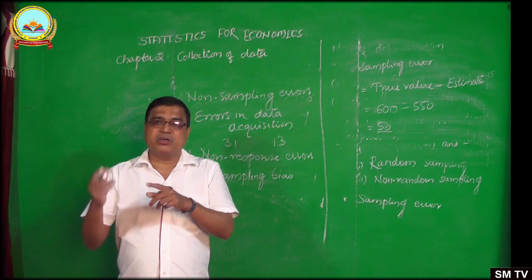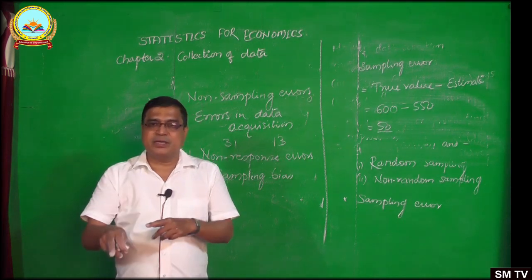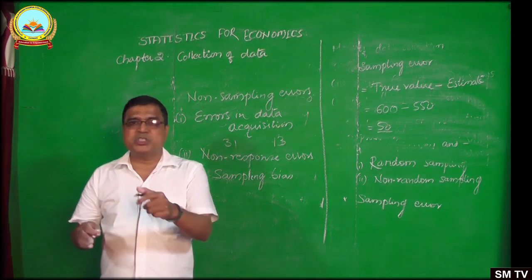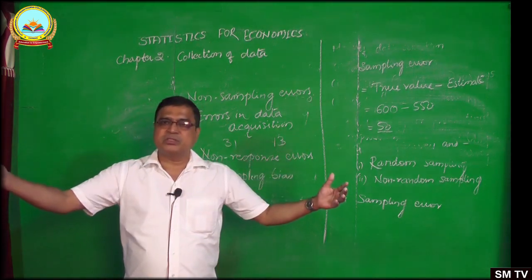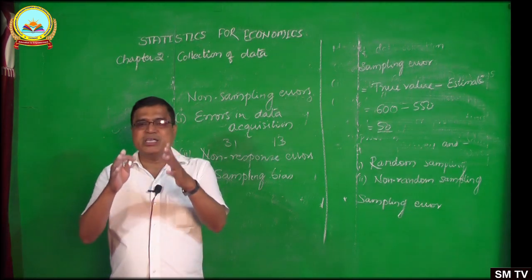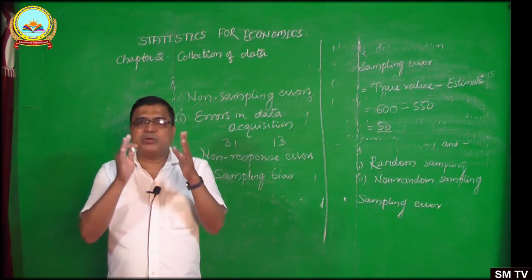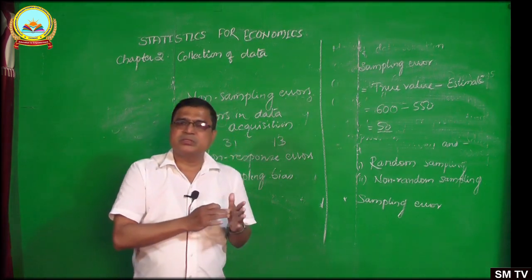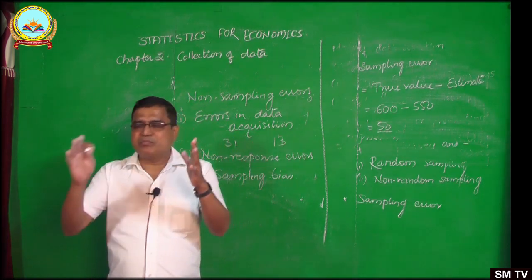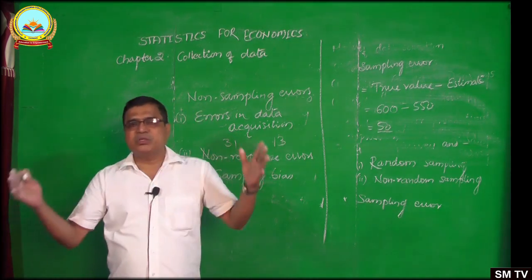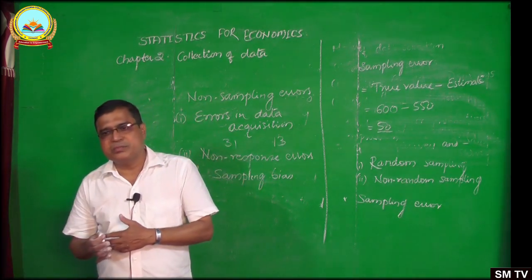Sampling error occurs after selecting the sample. But here sampling bias means that by taking the samples itself, he has committed mistakes. That means he has not designed or framed the proper selection of the samples. The samples have not been selected properly, therefore it is called sampling bias.